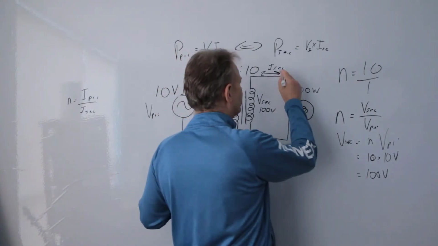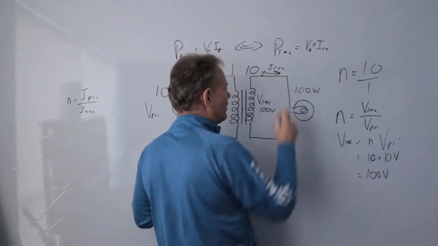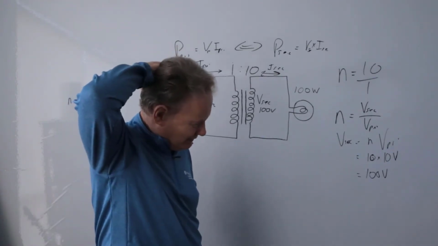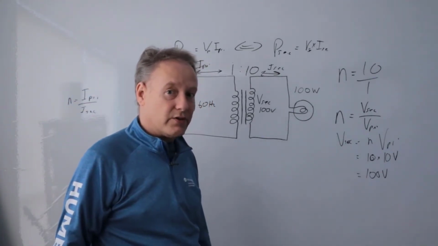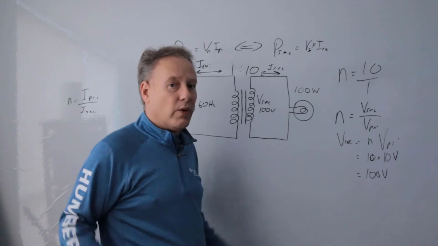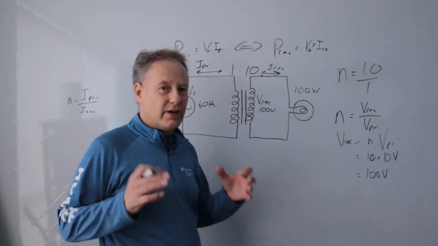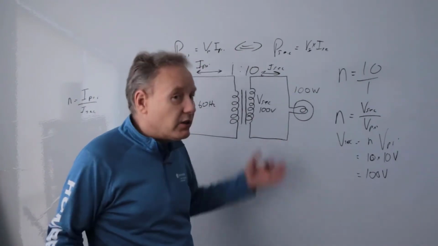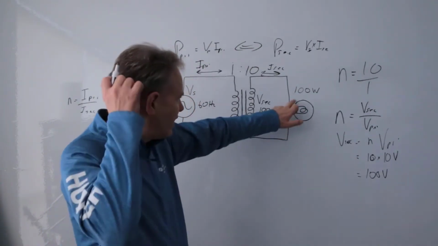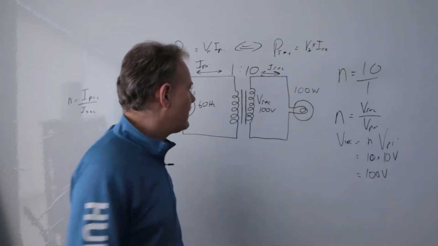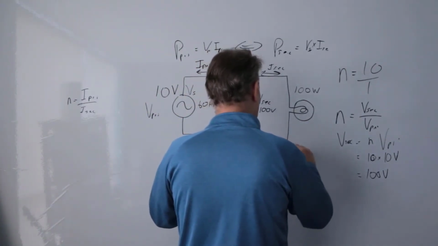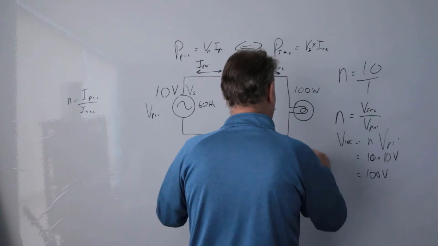So I can calculate the current through here. I don't know it, but let's calculate it using Ohm's law. In this case, how I'm using Ohm's law is I'm using the power formula. We unpacked the power formula and ultimately said, oh, it actually comes from Ohm's law. So I'm still using Ohm's law, but what's going to happen here is I'm going to find the current through here by doing this. I know that power equals current times voltage.